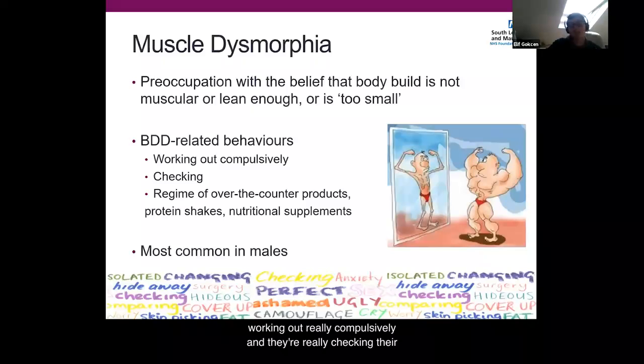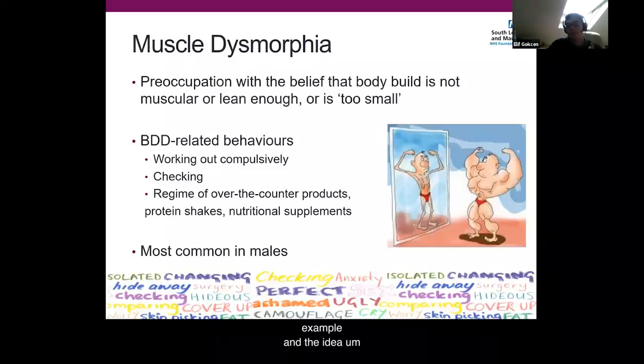They're really checking their appearance and their muscle shape and size in the mirror. They're using a lot of over-the-counter products and are on a strict regime, for example, to bulk up, and they might be using protein shakes or nutritional supplements that they might be getting online, for example.